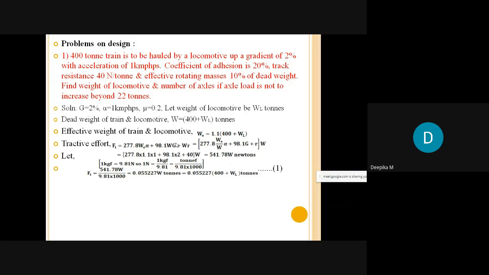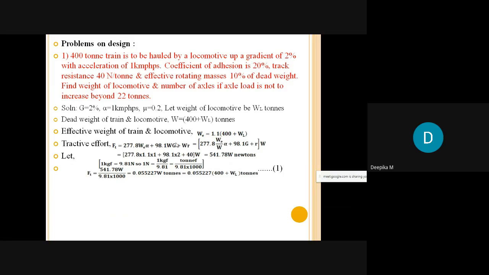Because when the wheel slips, then only the train movement will be happening. So hence the coefficient of adhesion between the wheels of the train and the track will be defined as the tractive effort to slip the wheels divided by adhesive weight. Okay, so this will be taken as coefficient of adhesion.